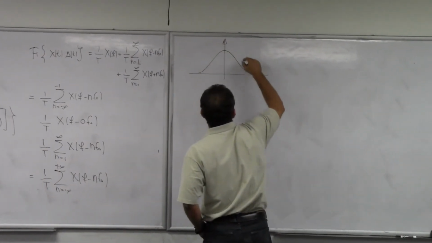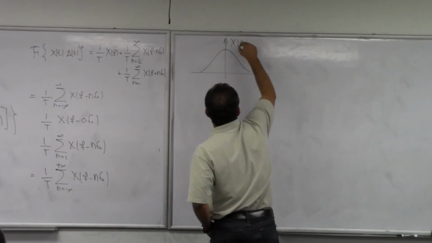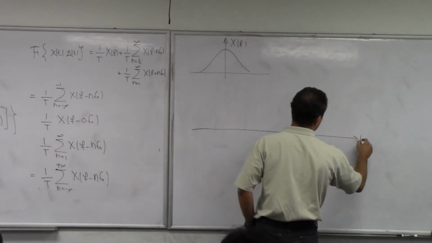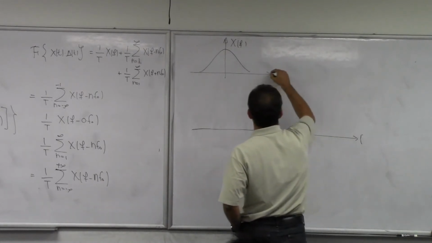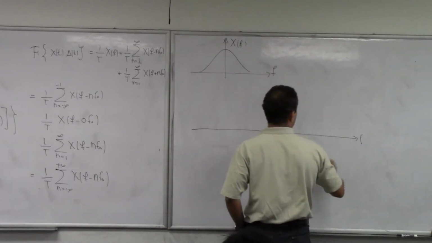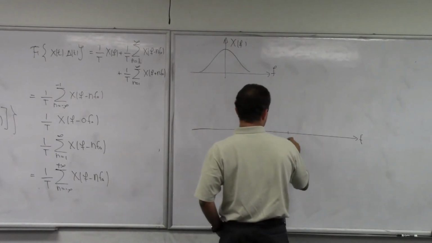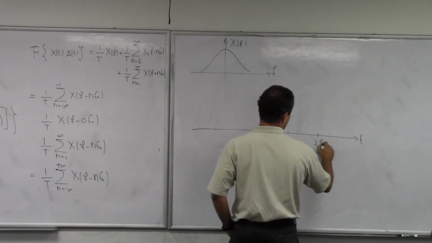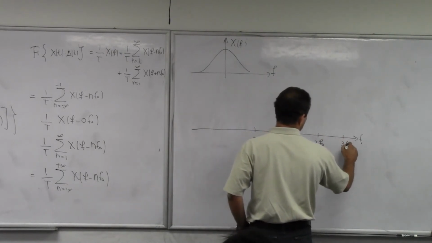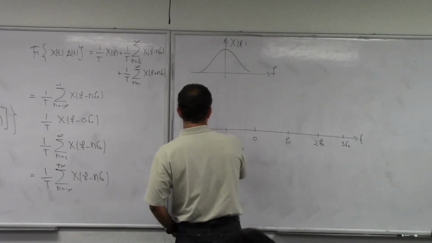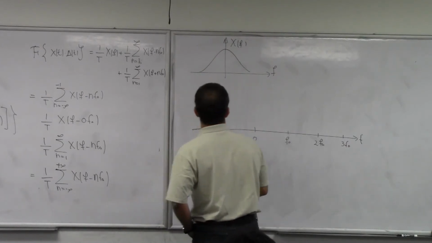This is my X of f, and now this is the frequency axis. This is f as well. Let's say this is 0. This is f0, 2f0, 3f0, minus f0, minus 2f0, and so on.